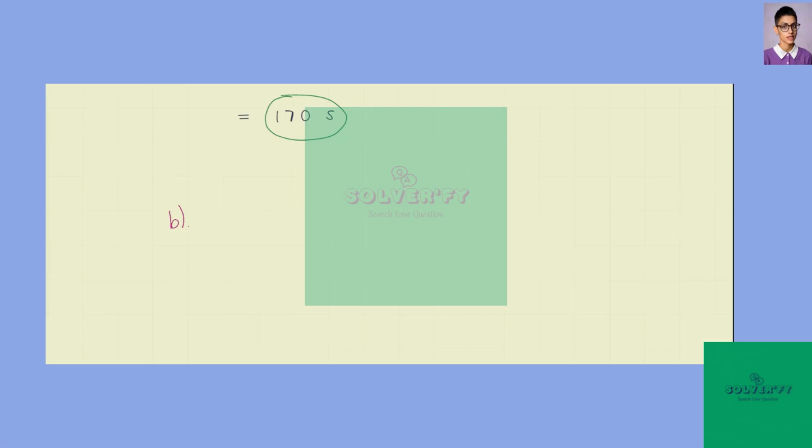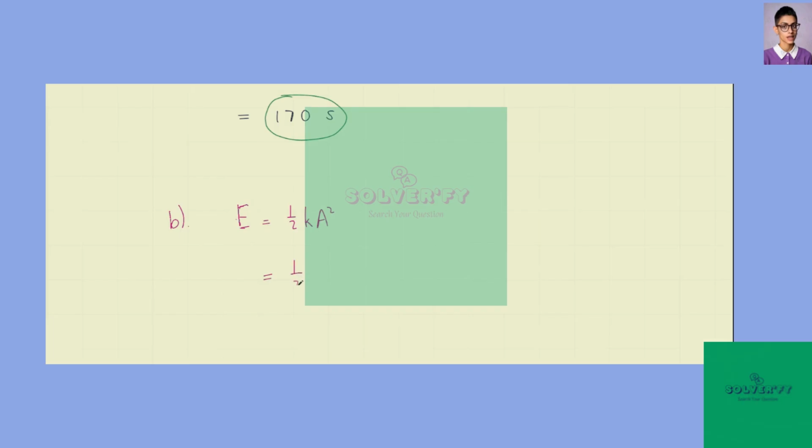Now in part B, we want to know the energy loss rate of the pendulum in watts. Now the energy is all potential energy when the displacement is at its maximum, which is the amplitude. If we assume that the actual angular frequency is very nearly the same as the natural angular frequency, we see that the energy E is a half k A squared, where A is the amplitude.